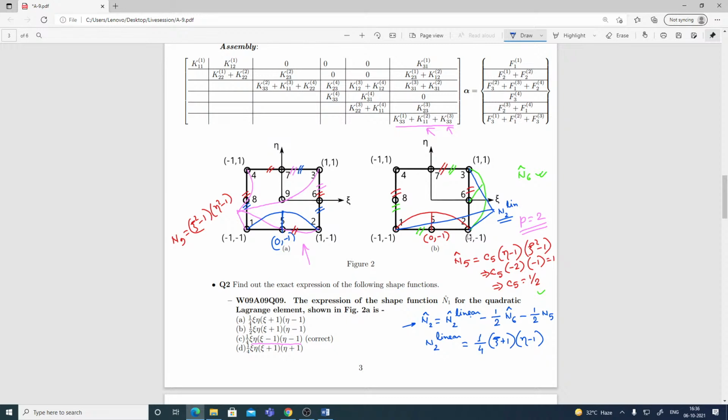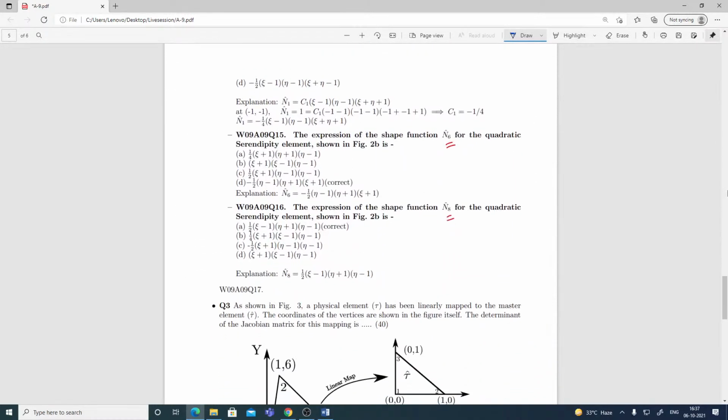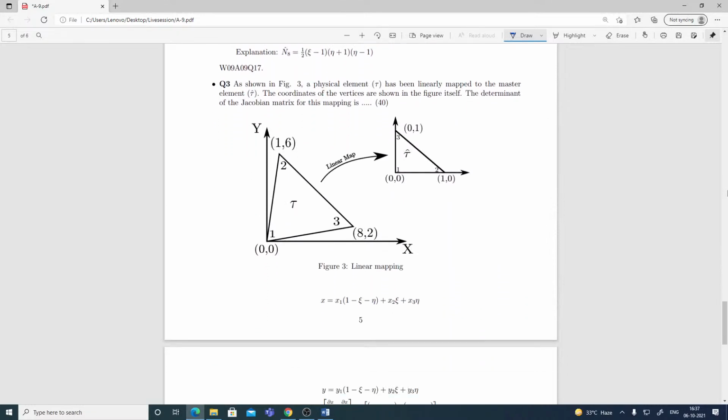Here it is 2 and this is -1, it should be -2, so it should be minus 1/4, or you can say 1/4 of 1 plus xi times 1 minus eta. So that is N2 linear, known to us. N6 we calculated here, N5 we have calculated, so you need to follow this and simplify it to get the N2 for the serendipity element. I have addressed N8 also, similarly you can calculate. So I have addressed this.